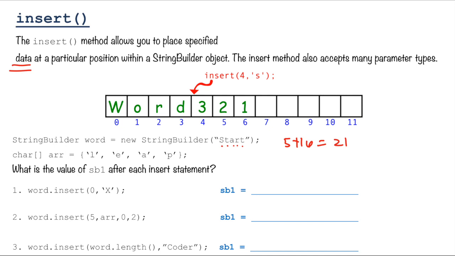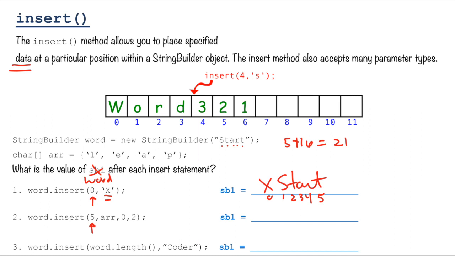And it says, what is the value of the StringBuilder object word after each insert statement? And we see that for word, we're going to insert at index 0 a capital X. So we now have X start. And then we're going to insert at index 5. So 0, 1, 2, 3, 4, 5.